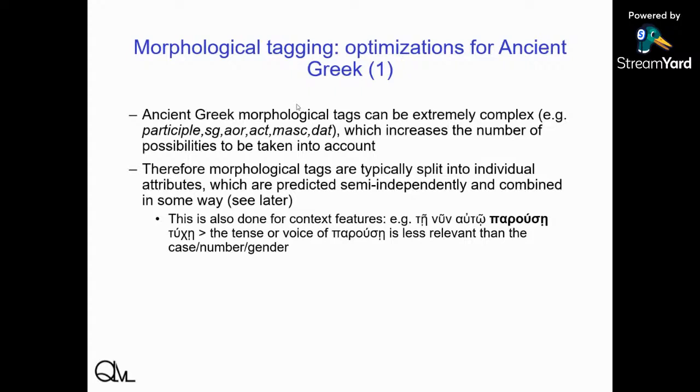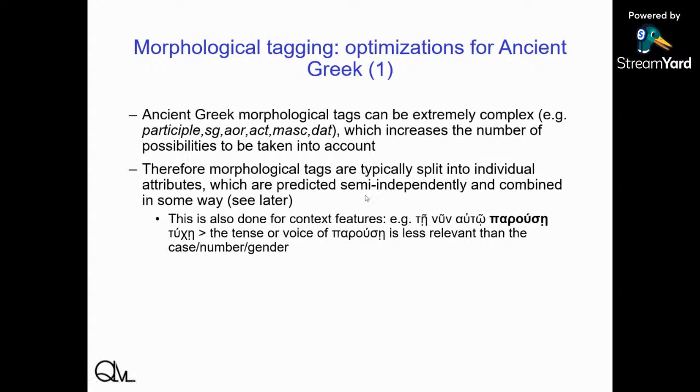So what is usually done then is to split this complex part of speech tag into individual attributes, which are also predicted individually. So we predict, for example, whether the word is singular or plural, whether it is active, middle, or passive, and so on and so on.